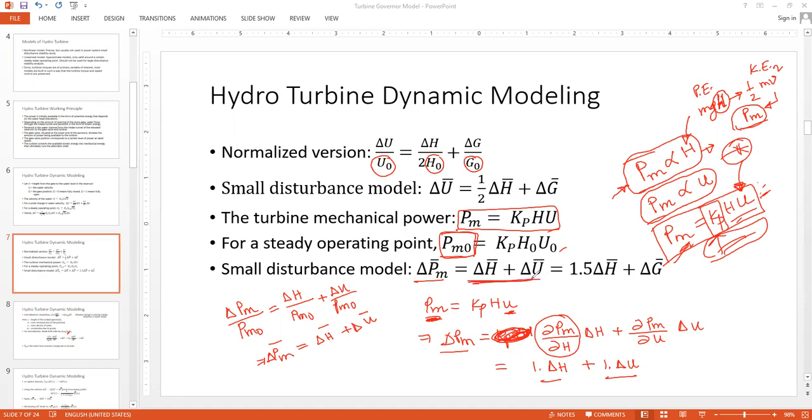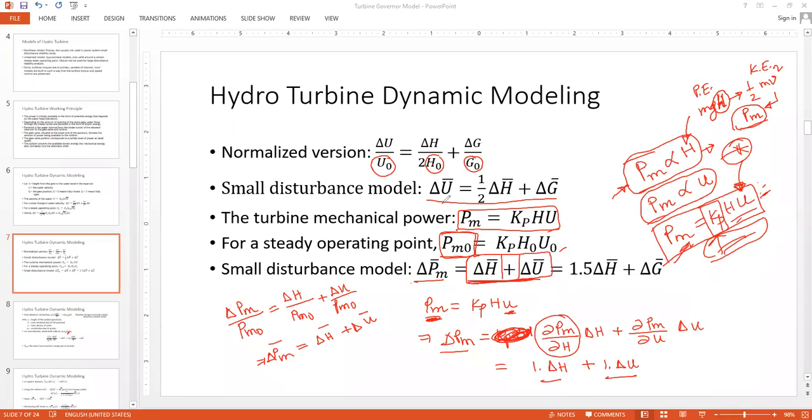Now, this del PM in the first part is expressed as an addition of the normalized del H and the normalized del U. If you want to express this del PM, instead of del U, if you want to incorporate del G, simply you can use this expression over here.